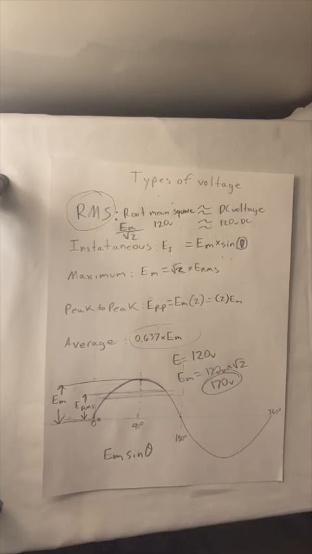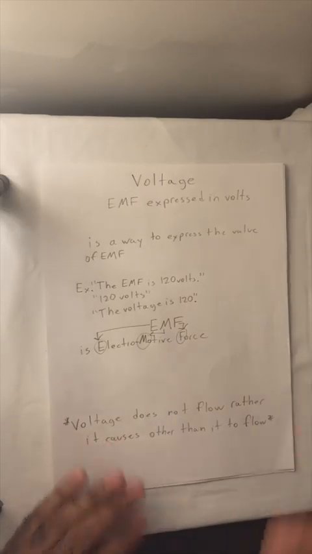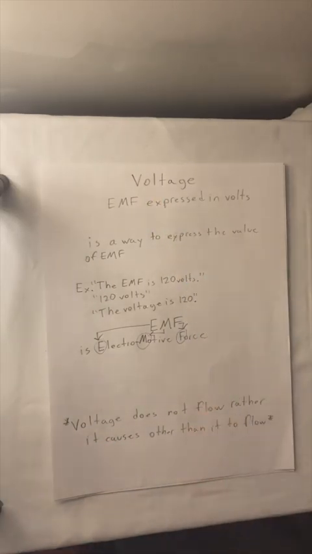In conclusion, we have covered so far the types of voltages, and overall the conclusion thus far is that voltage is basically an expression of EMF in volts, and that for the majority of work which is performed, the voltage which is usually sought is the RMS voltage. God willing, we have concluded this subject up to this point.